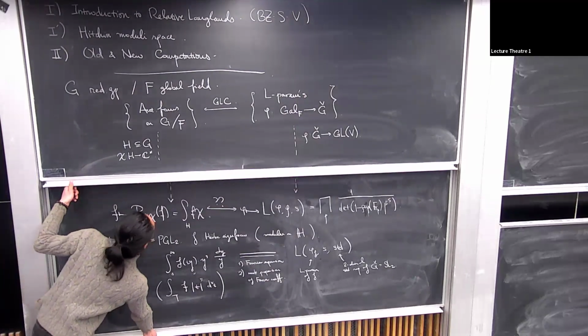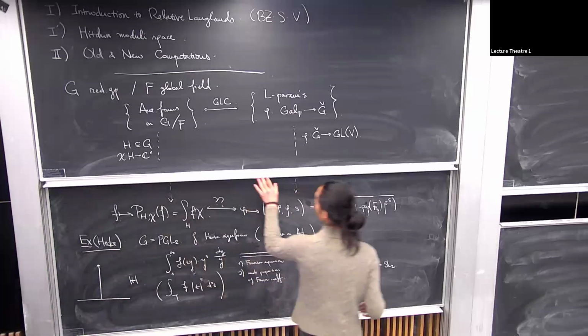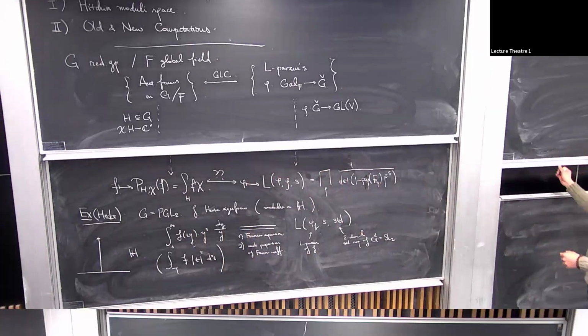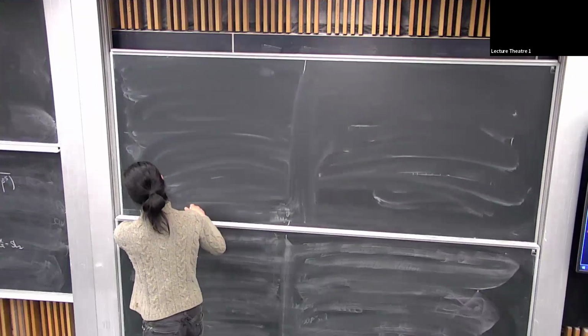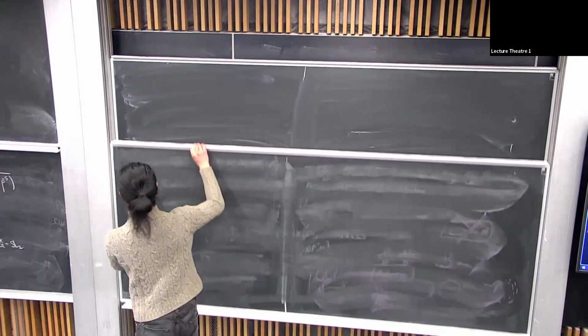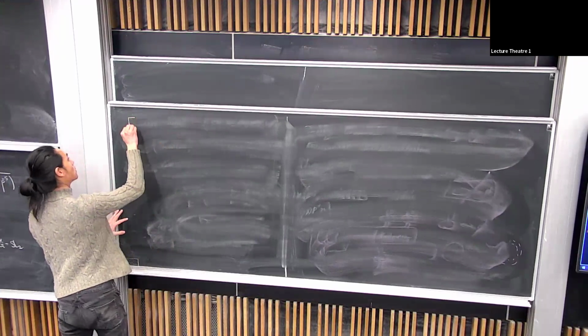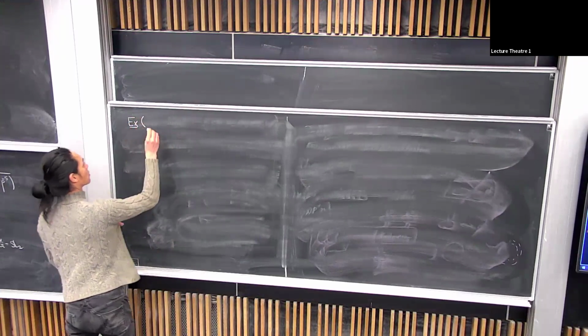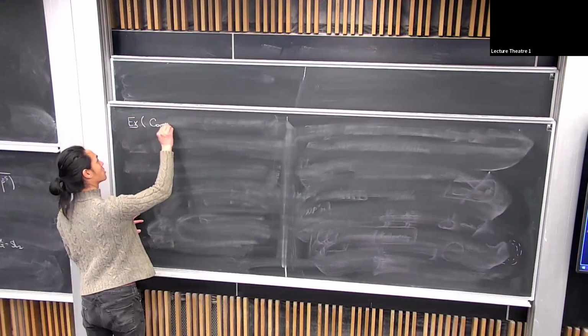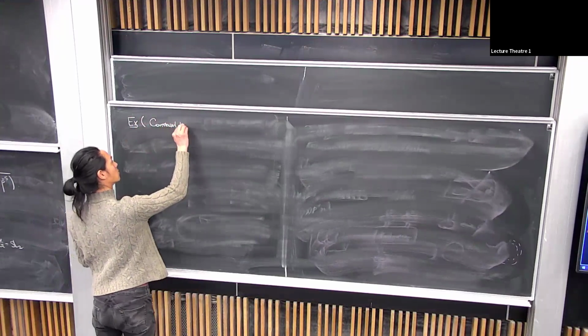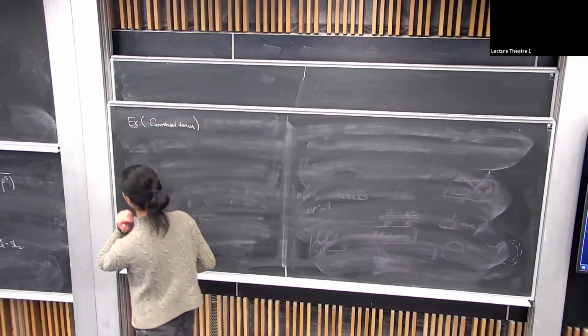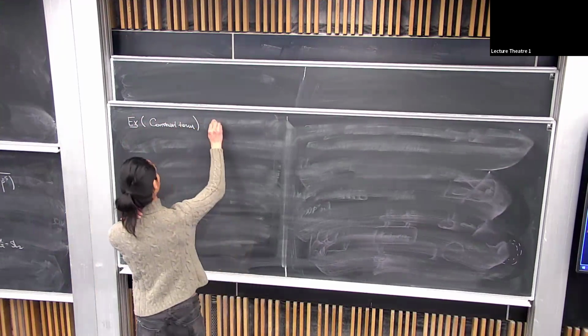Now let me give you a slightly more complicated example, but still in the same setting of modular forms. So for the people who know, I'm just going to call it constant term, so you expect the answer. So what happens is I still take f a modular form.